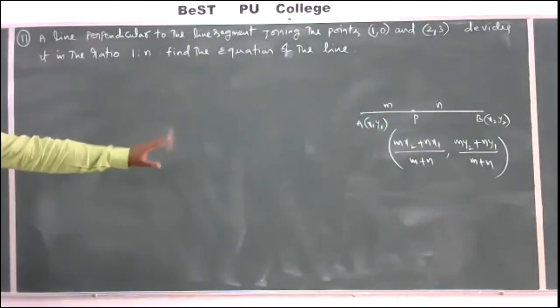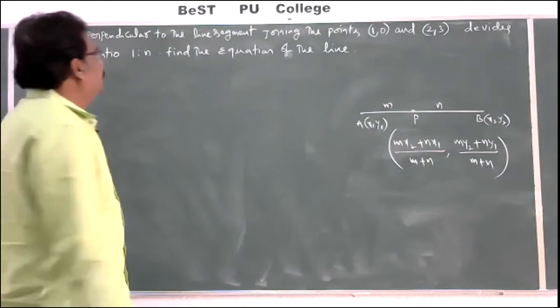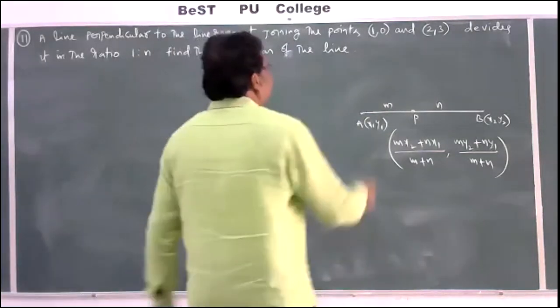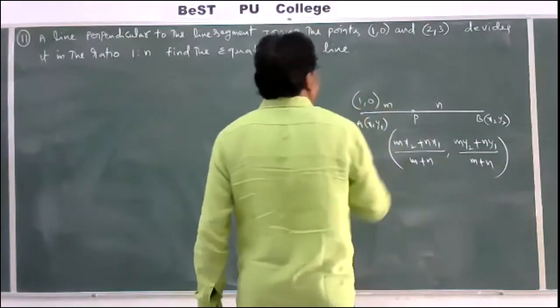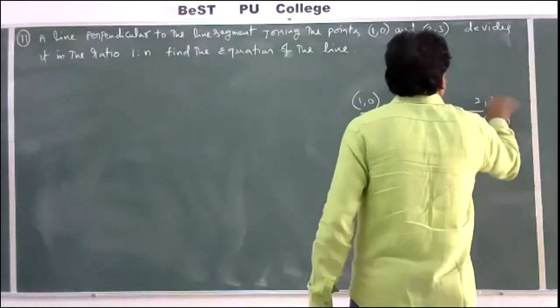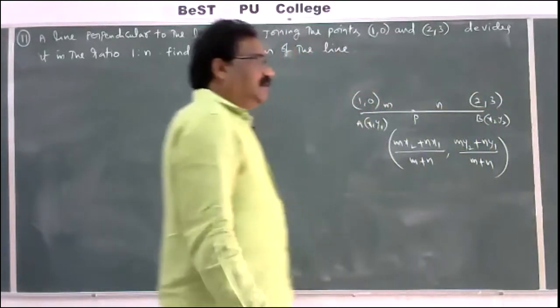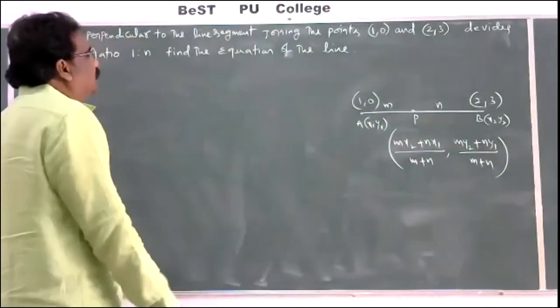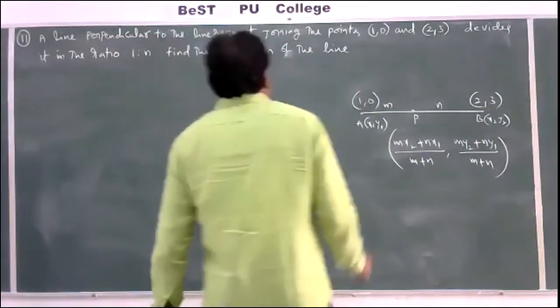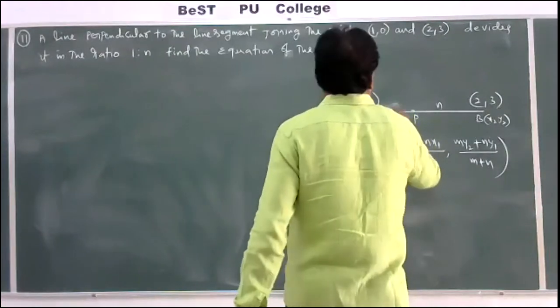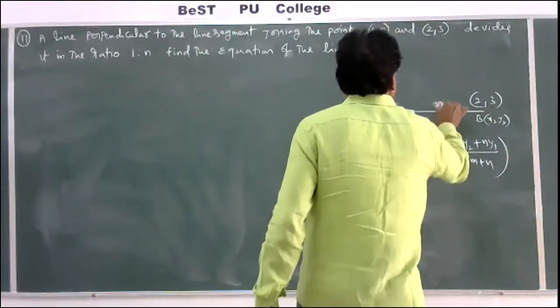Already you know. Here the points are given 1, 0 and 2, 3, and the dividing ratio is 1:n.